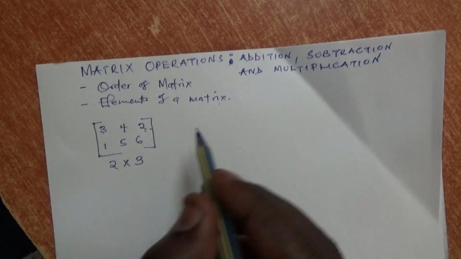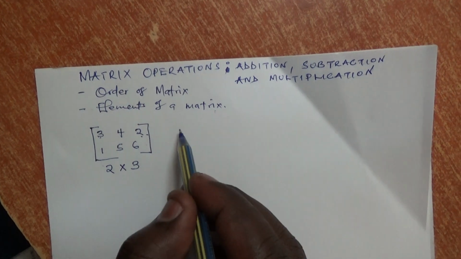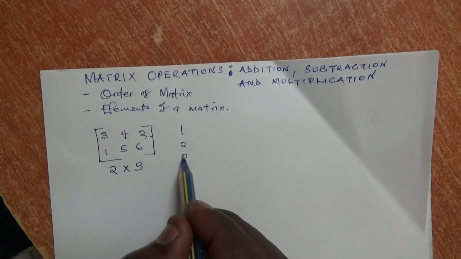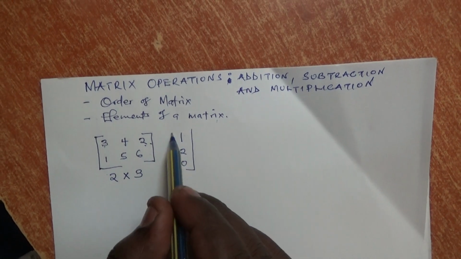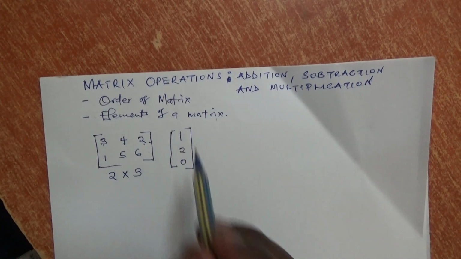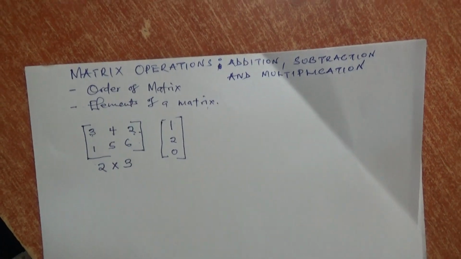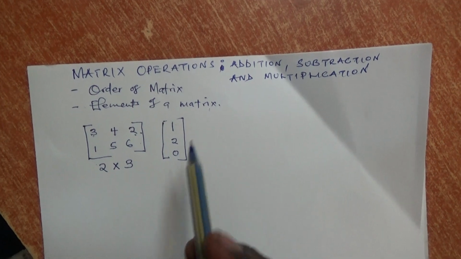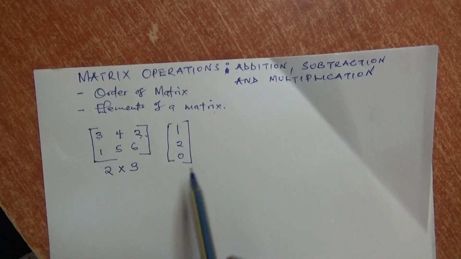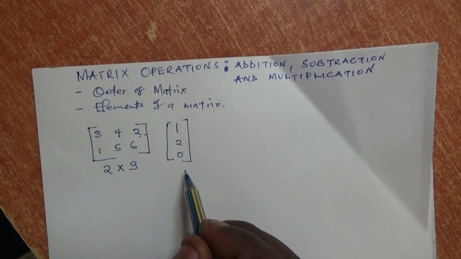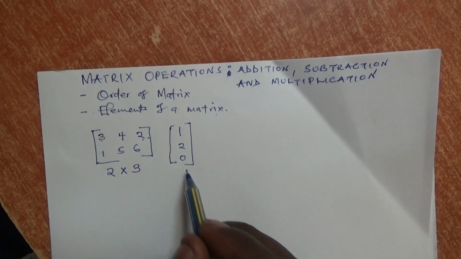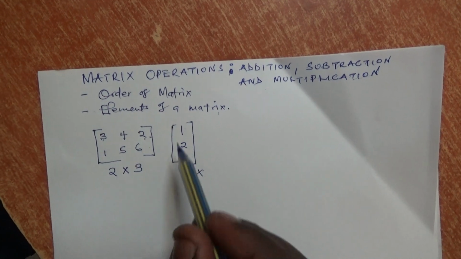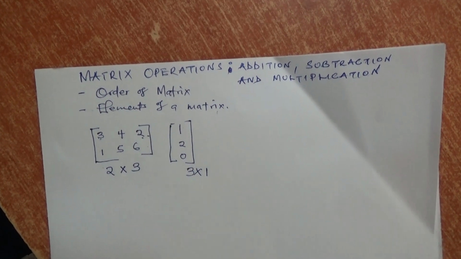All right, let's say for example we also have another matrix like 1, then we have 2, then we have 0. Okay, this one as a matrix, if you are told to define the order, the order is going to be, you start with the rows and then you go to the column. So the row says it is 1, 2, 3. So it is a 3 by 1 matrix.